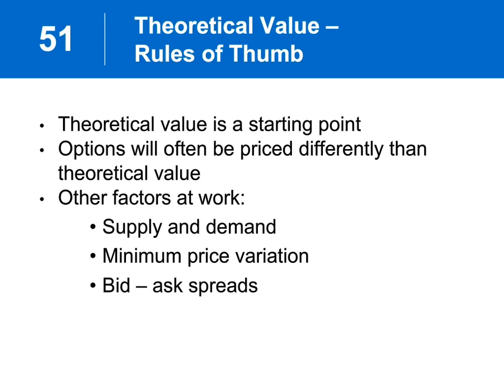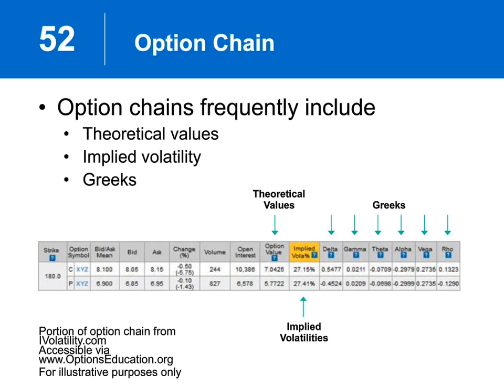The bid-ask spreads can certainly change things. But there is an example on our platform, so just have flexibility when it comes to theoretical value versus the bid-offer spread in the marketplace.